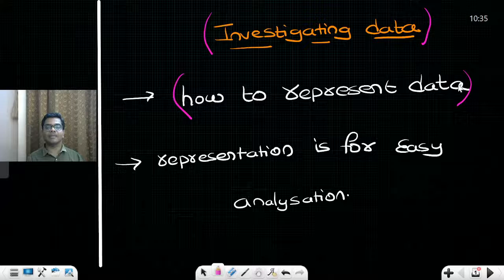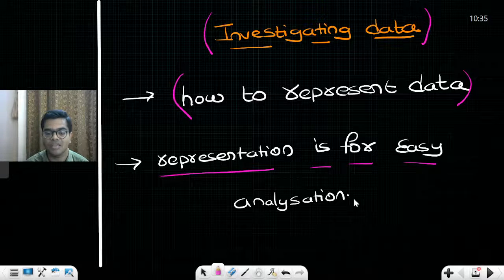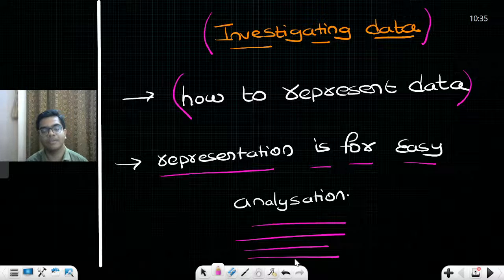All these things depend upon the data we are collecting and the way we are representing it. Different data has different ways of representing. Now, after representing, what is the purpose of representation? Representation is for easy analysis. Once analysis is over, you can directly jump into action. What is the next step to be done?